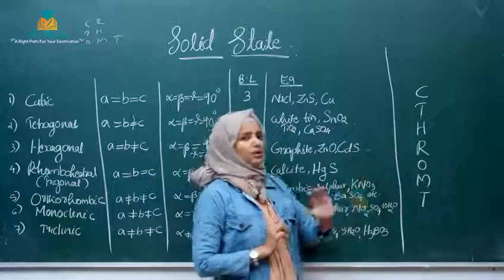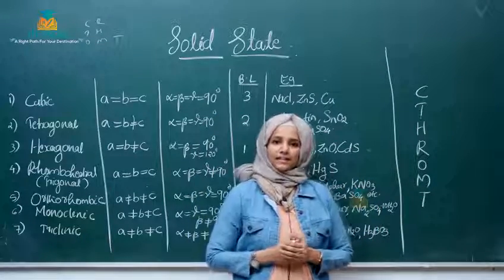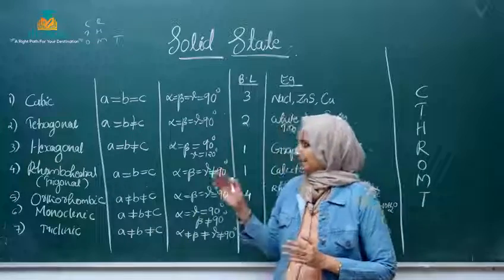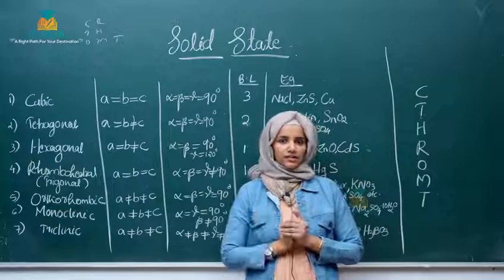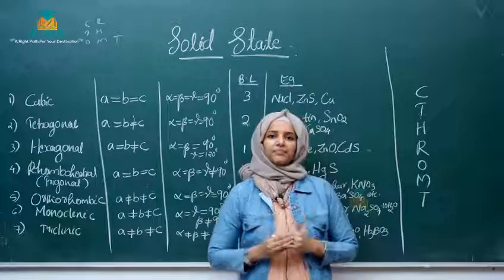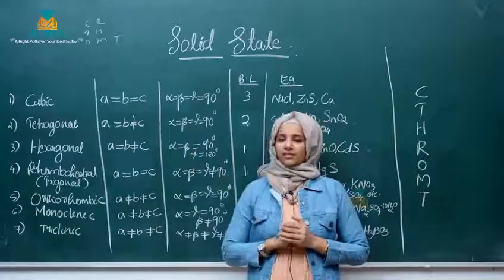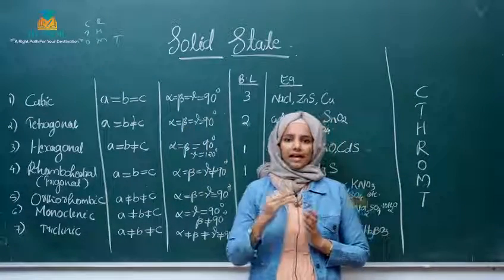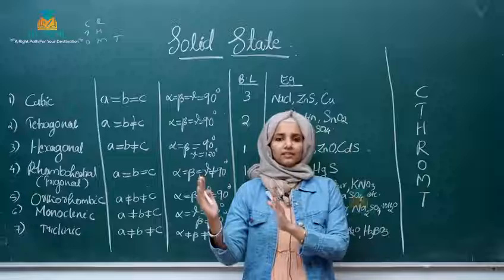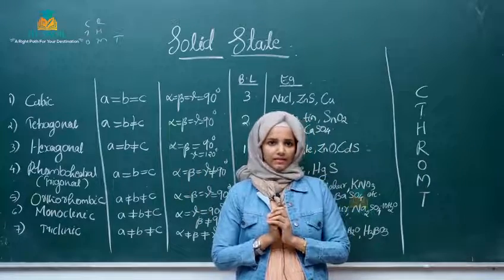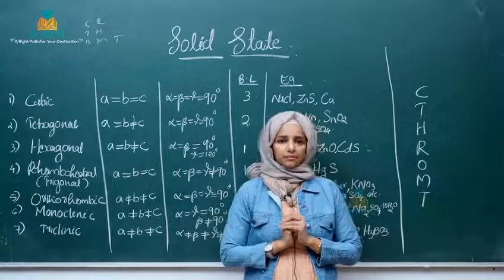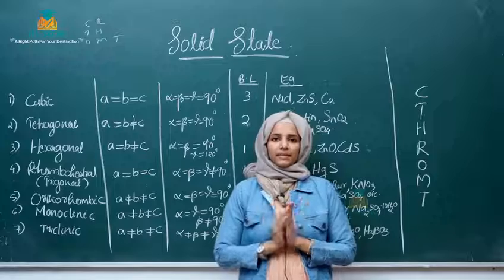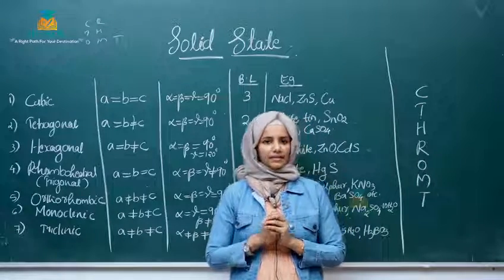You know we need 6 parameters for describing the crystal system, that we already discussed. Which are they? 3 lengths and 3 angles: that is a, b, c, the lengths along the crystallographic axes, and the angles between them. These are the 6 parameters we need for describing the crystal system.